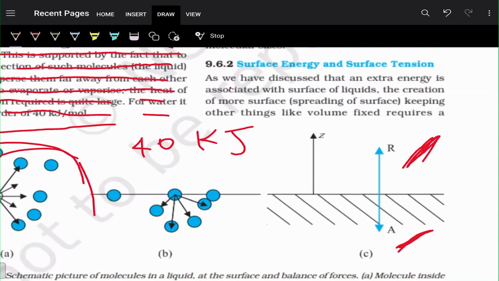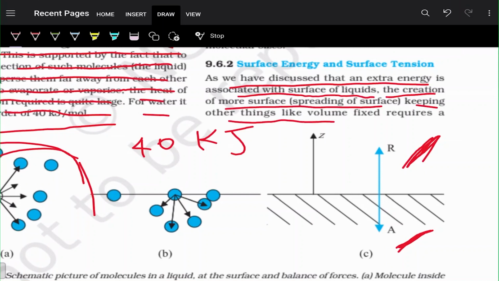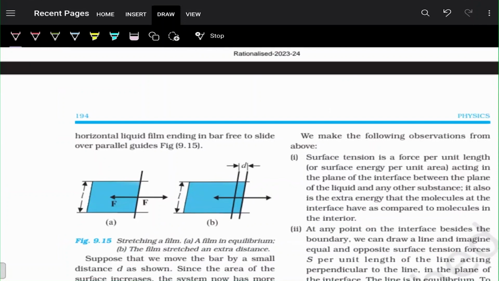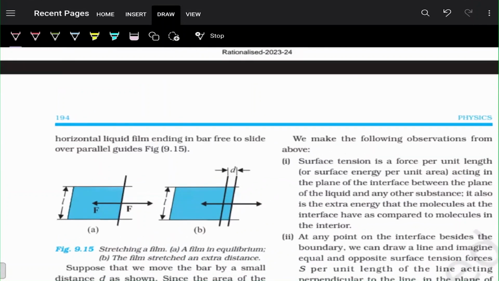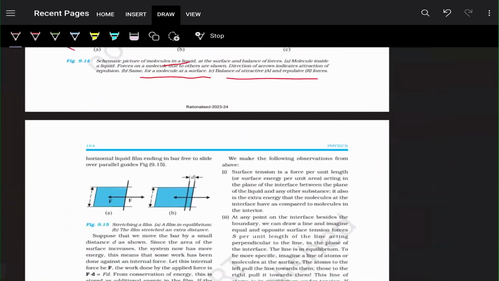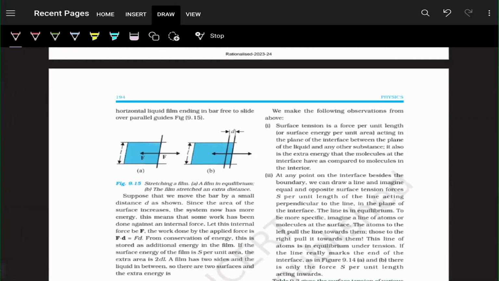As we have discussed, an extra energy is associated with the surface of liquids. The creation of more surface, that is spreading of the surface, keeping other things like volume fixed, requires a horizontal liquid film ending in a bar free to slide over parallel guides.